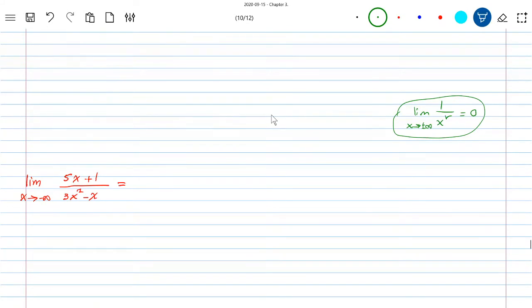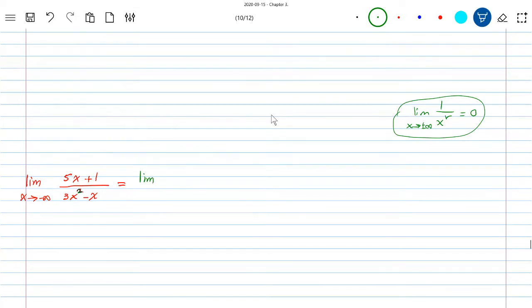So here, what we do is look at the fraction and figure out the biggest degree of x. You can see the denominator has degree 2, x squared. So I'm going to divide everything by the largest degree. Maybe that's the best choice of action in this case.